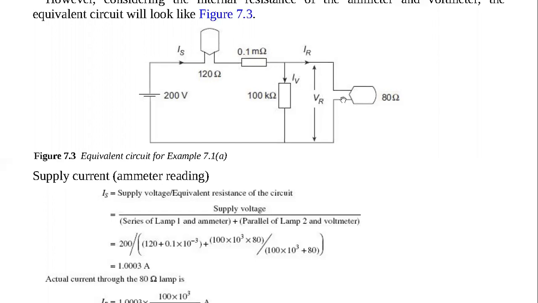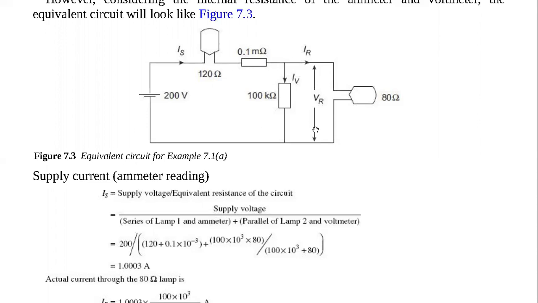And then for this other case, it will be the 80 ohm lamp in parallel with the 100 kilo ohm resistance of the voltmeter. For you to get the effective resistance between the voltmeter and the 80 ohm lamp, you take product over sum. So the product will be 100 kilo ohm, that is 100,000, times 80, divided by 100,000 plus 80.